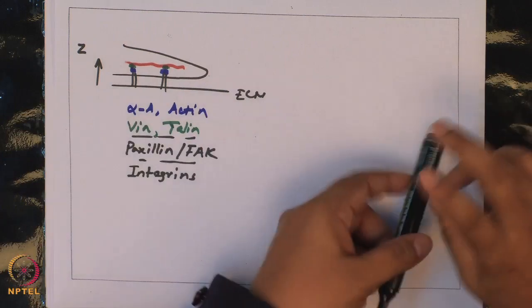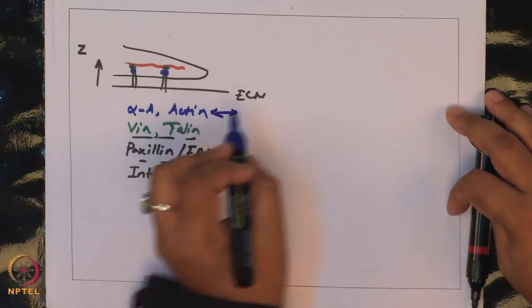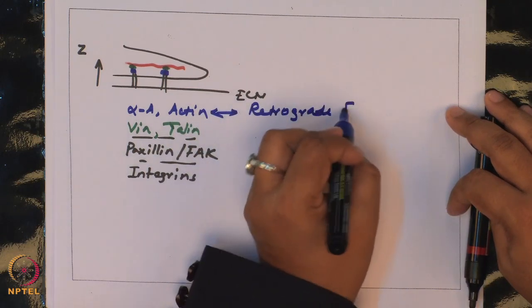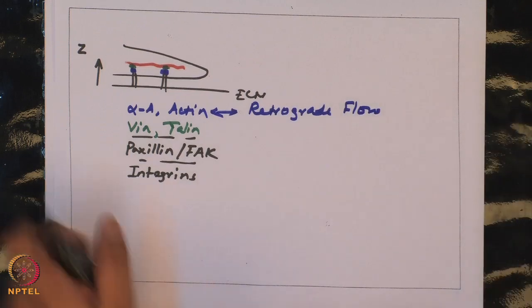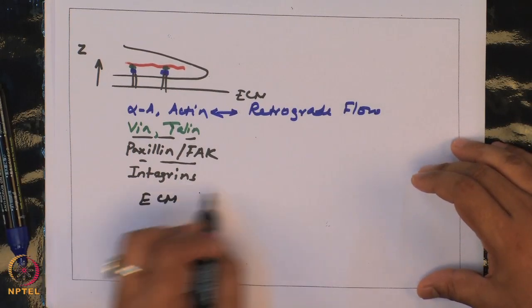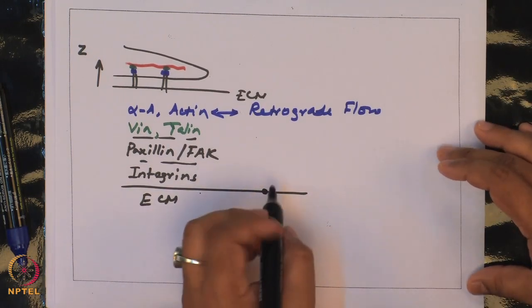You have measured retrograde flow. At the bottom you have your ECM, so flow at this point has to be 0.